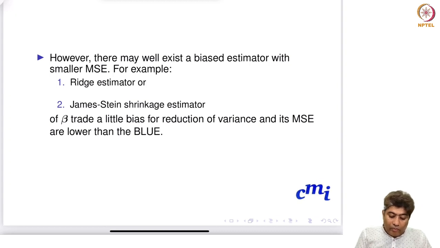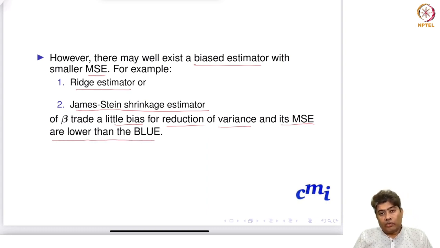However, there may well exist a biased estimator with smaller MSE. For example, the Ridge estimator or the James-Stein shrinkage estimator of beta trade a little bias for a reduction of variance, and their MSE is lower than the best linear unbiased estimator. So you can find such estimators.